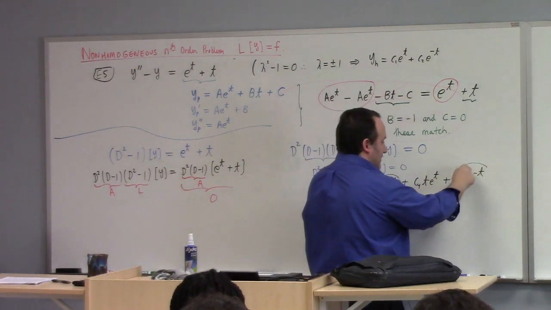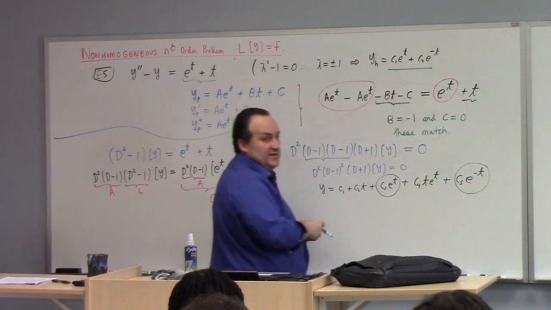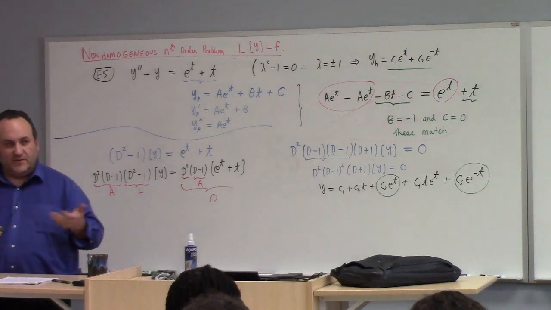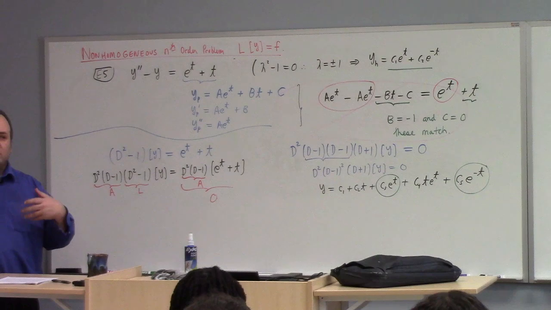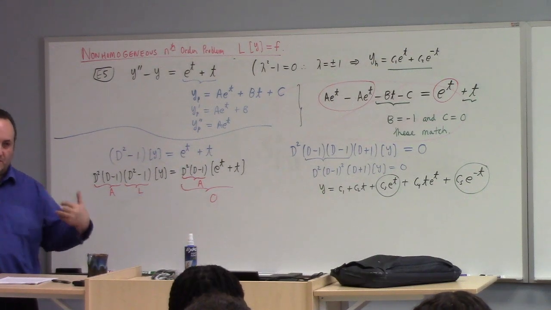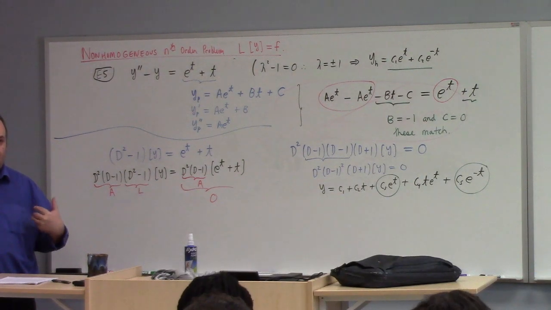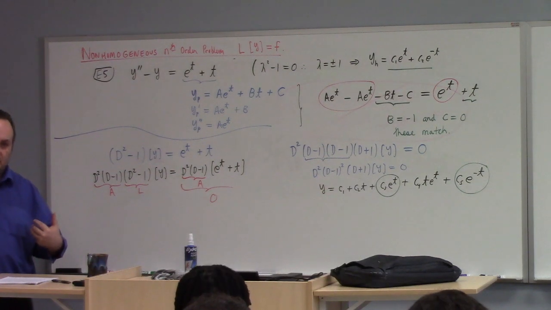And this piece, those are already present in the homogeneous solution. This has to happen because part of this differential equation we're solving is formed from L, and whatever L sends to 0 is what we call the homogeneous solution. Whatever's left is the correct form for the particular solution in this method.